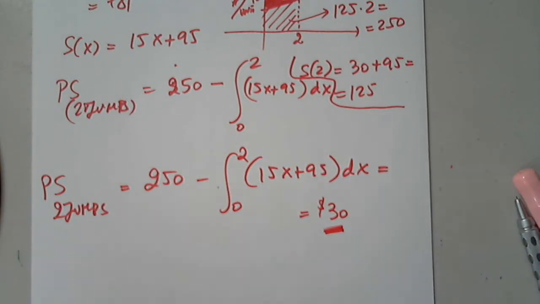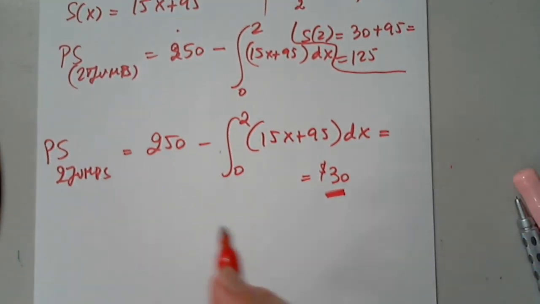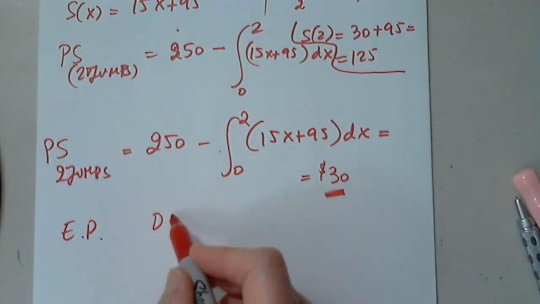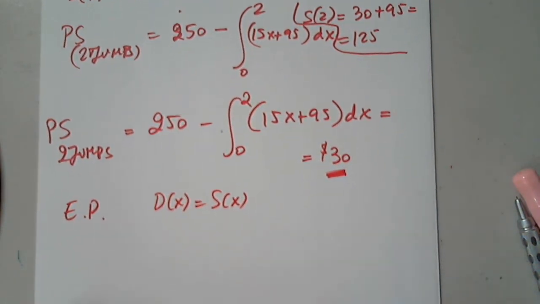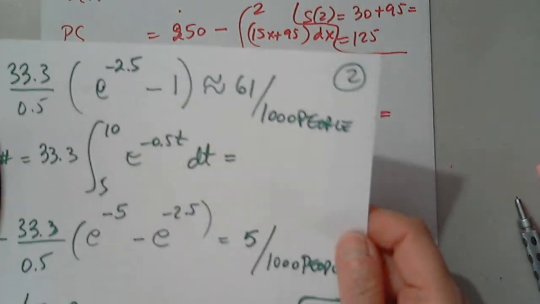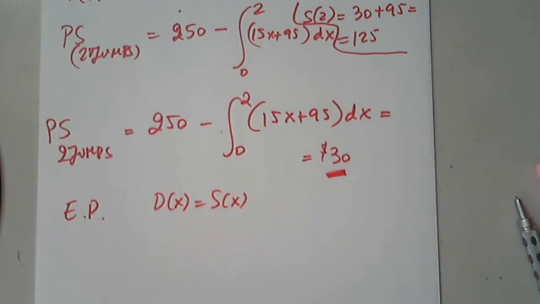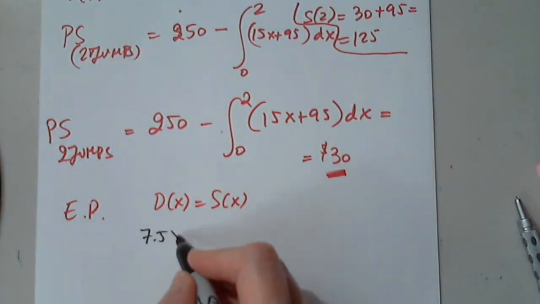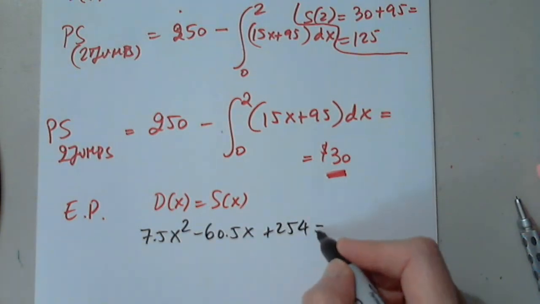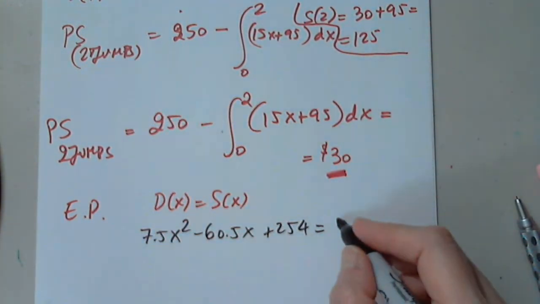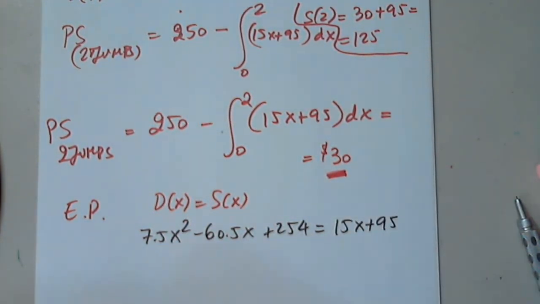Okay. So in order to find the equilibrium point, we have to set the demand and the supply functions equal to each other, as we did a long time ago. So the demand is 7.5x squared minus 60.5x plus 254, and the supply is 15x plus 95.